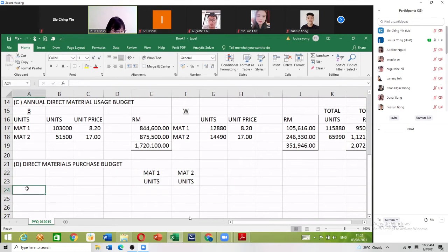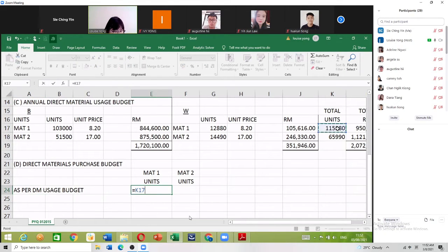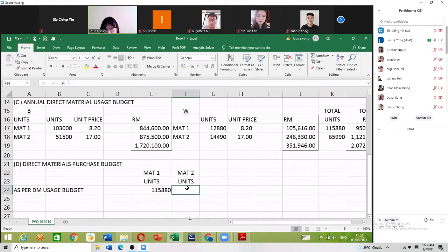So from this you have to put as per the direct material usage budget. Material 1, how much in total will be used? 115880. Material 2, how much in total will be used? 65990.